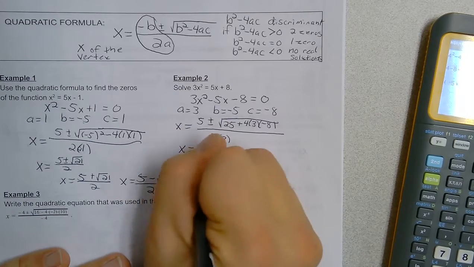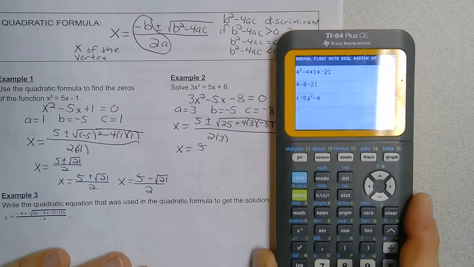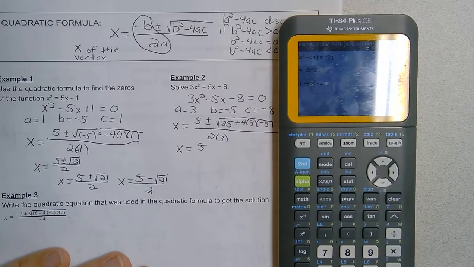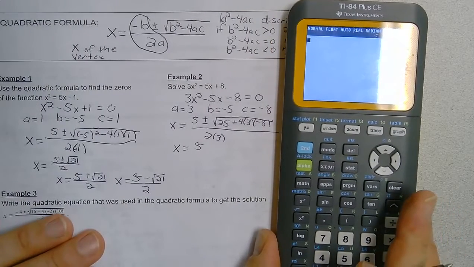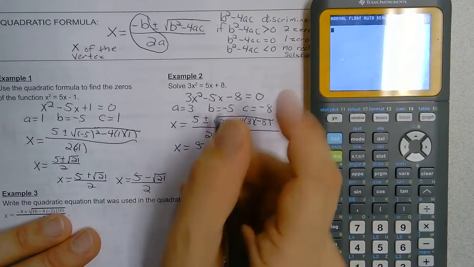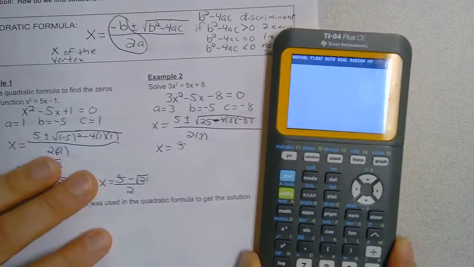So x equals 5, and then I'm going to simplify here. Oh, and I forgot this should be a minus here. So I didn't want to make that mistake.